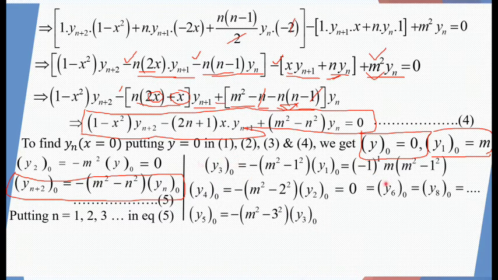But the value of y3(0) is minus m square minus 1 square, and with the minus already there, it will be positive. For the symmetry we can write it as minus 1 square into m into m square minus 1 square into m square minus 3 square. So now tell me, if we have to find y7(0), what will it be?